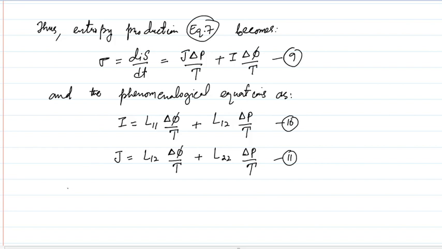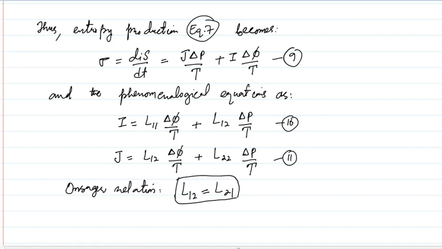We also have to remember the Onsager relation for the phenomenological coefficients, that L12 is equal to L21, which also holds good here.